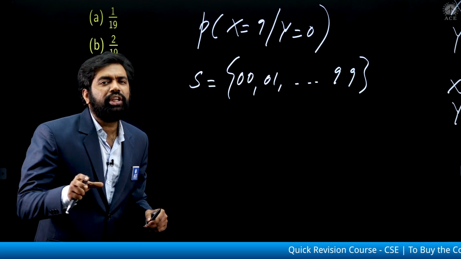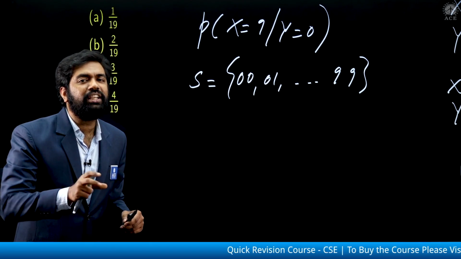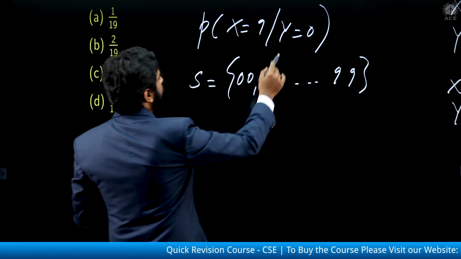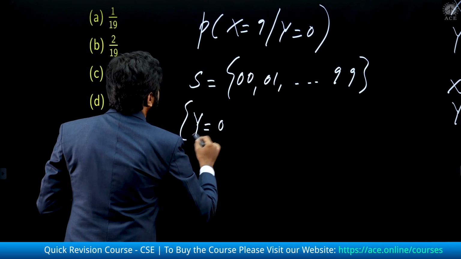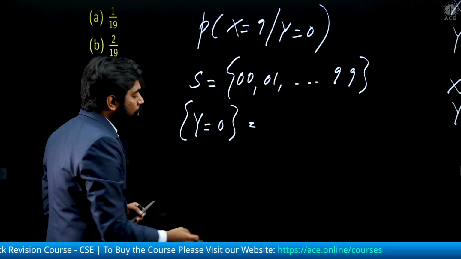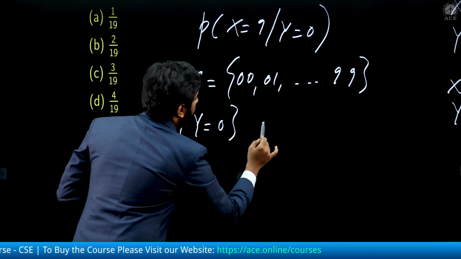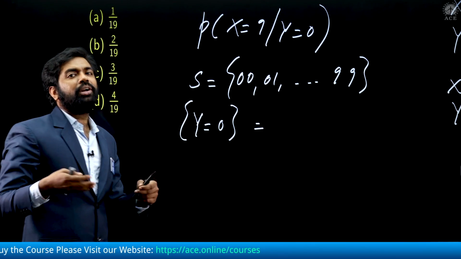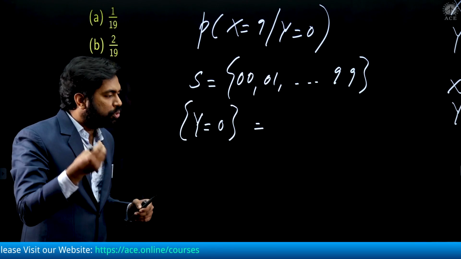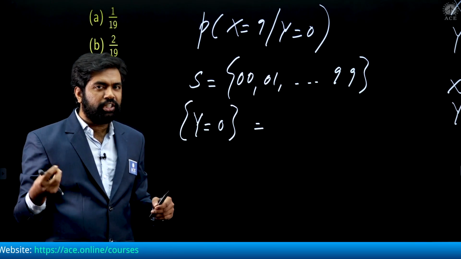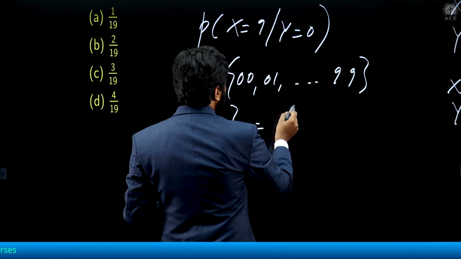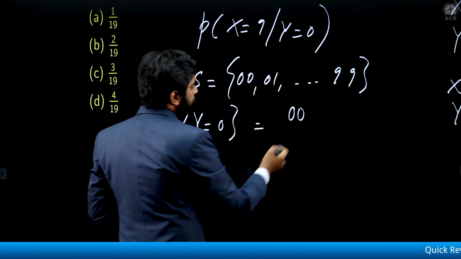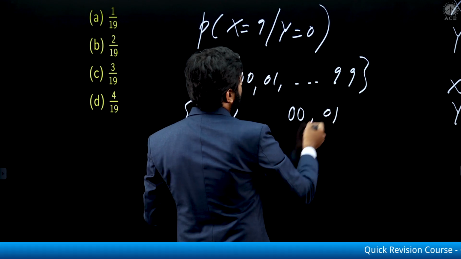Now, can you create a set such that Y is 0? Because the reduced sample space is Y equal to 0. What do you mean by Y in the given problem? Y means the product of the digits. So pick those tickets where the product of the digits is 0. For example, 00, the product is 0. 01, the product is 0.